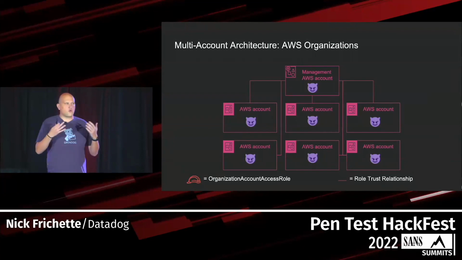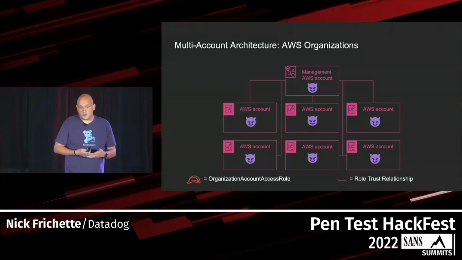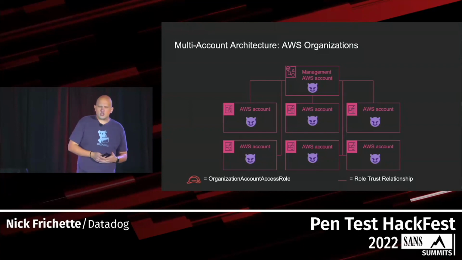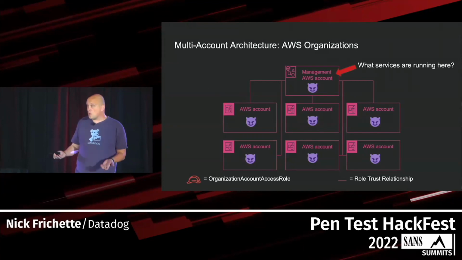And so obviously for penetration testers and red teamers, that management account becomes an incredible target because if you succeed in compromising it, the payoff is enormous. And so as penetration testers, we have to ask ourselves a number of questions about that account. For instance, what's running in that account?